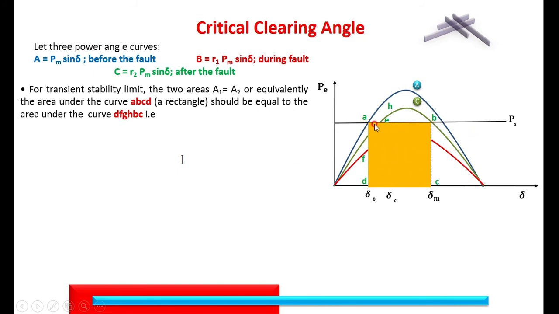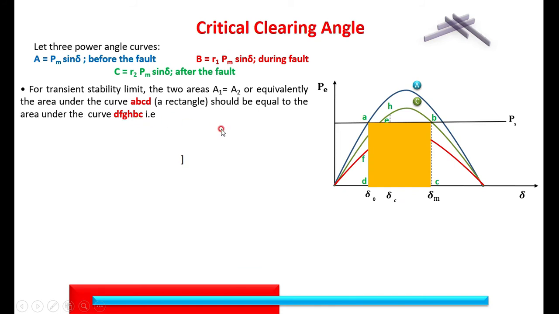It is the mechanical power, that is Ps. The operating point is A, then ultimately it is shifting to point E. The area under ABCD, a rectangle, should be equal to the area under the curve DFGHBC.